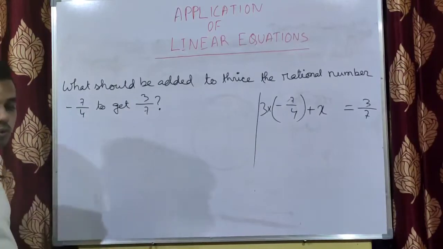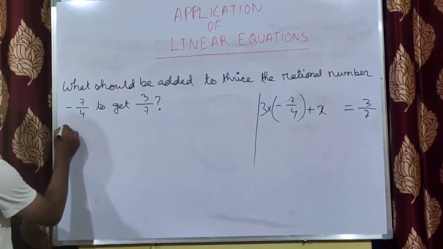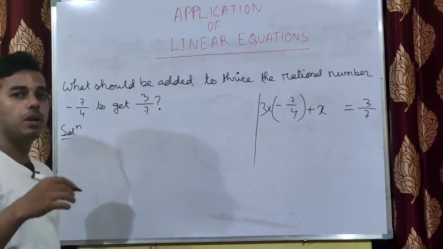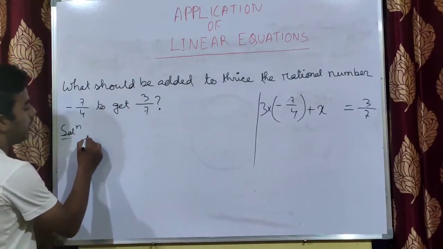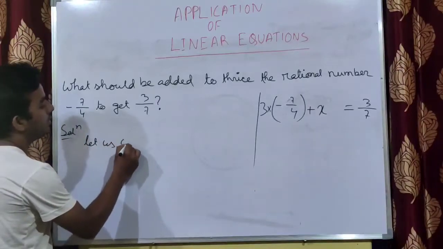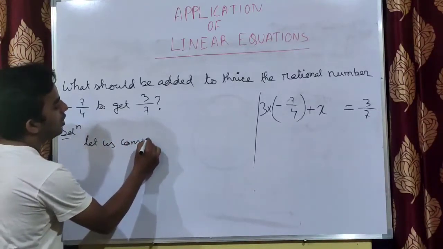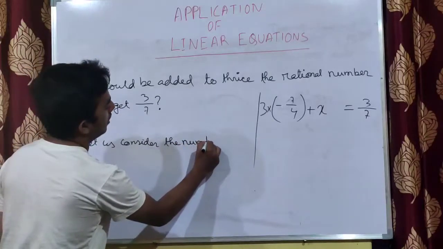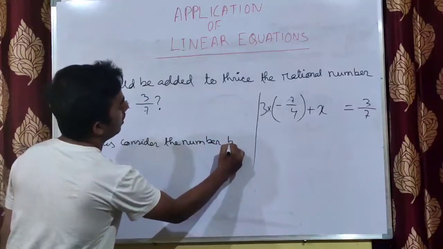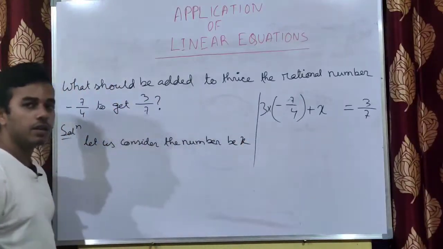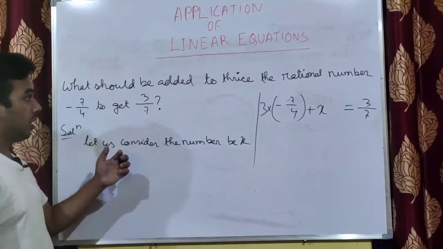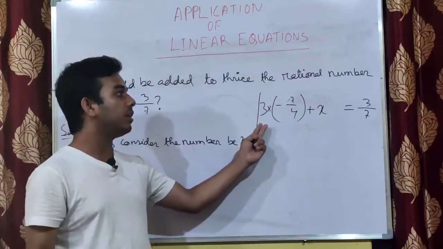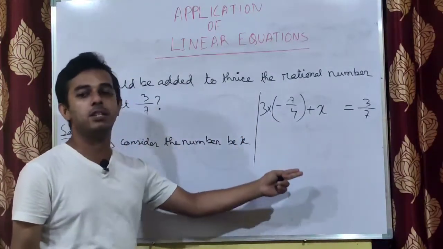First of all we'll write the solution, right? And as we don't know the number, let us consider the number be x, right? Now what should we do? We should add x to 3 times the rational number, that is minus 7 by 4.